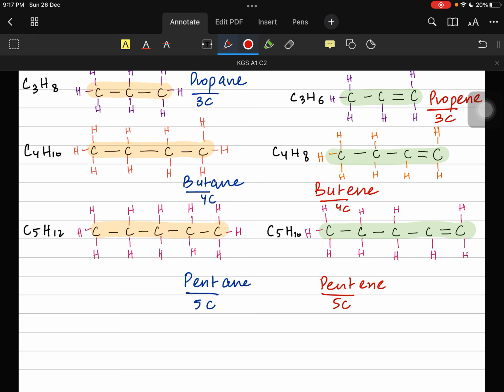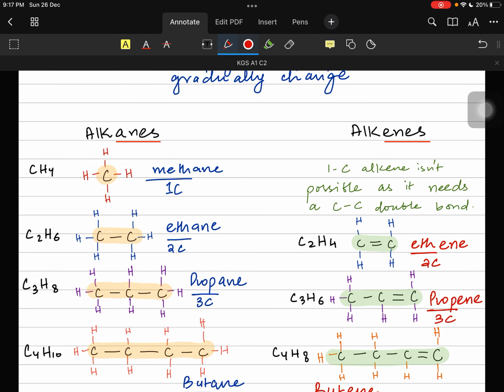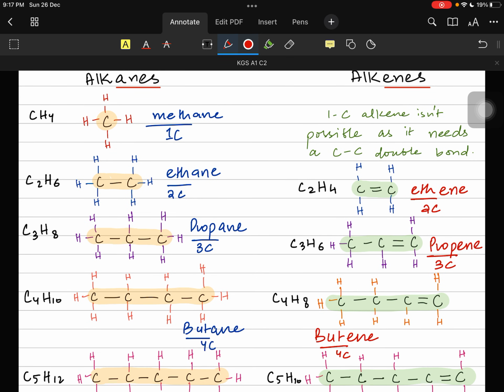So you will have homologous series which have a name that implies the number of carbons, and the ending of the name implies which homologous series it belongs to. So alkanes and alkenes have their own homologous series, and each member shows at least 1 carbon and 2 added hydrogens.